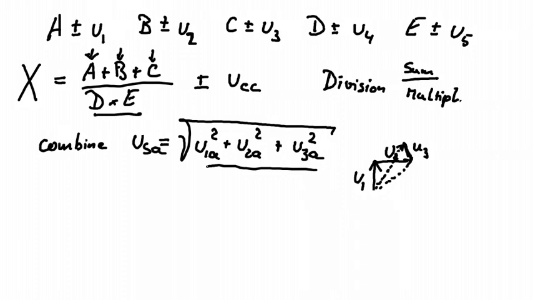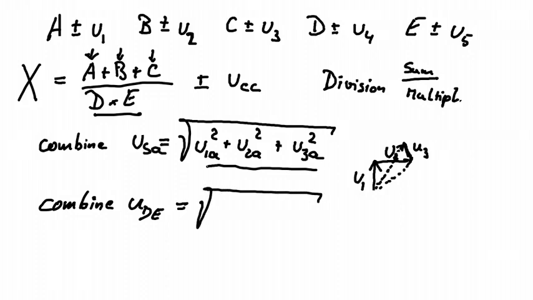Well, we can combine the uncertainties for DE. And we know how we deal with a multiplication.